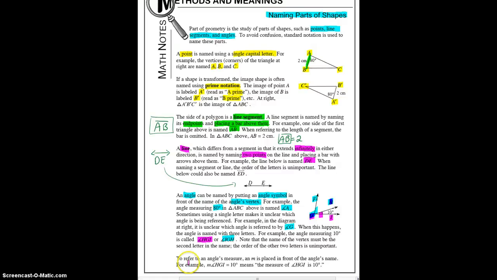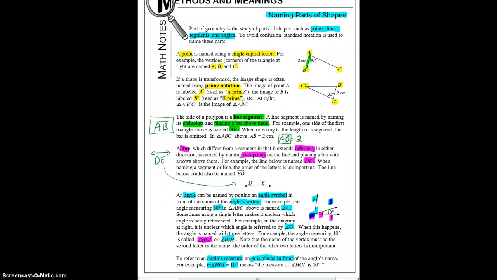Now, to refer to an angle's measure, we do kind of the same thing that we do with the segment. An M is placed in front of the angle's name, just like this, if we're giving it measure. That means the measure of HGI is 10.